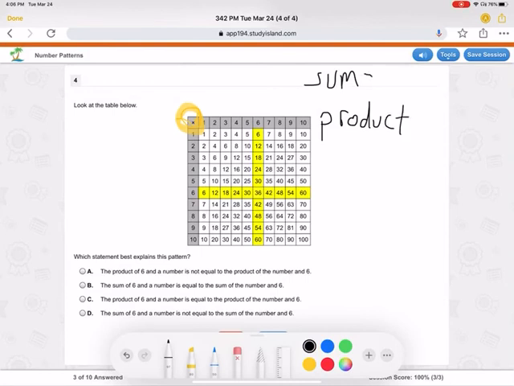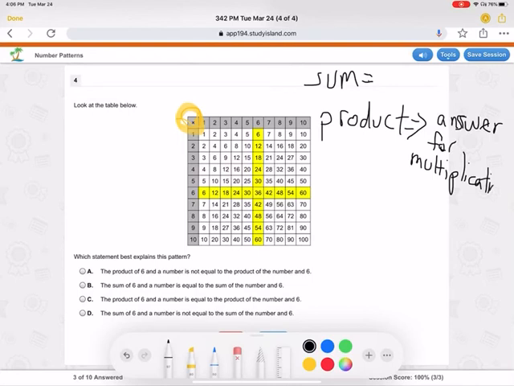Which word is talking about the answer for multiplication? This one, product. Answer for multiplication. Oof, my handwriting is so bad. Okay.